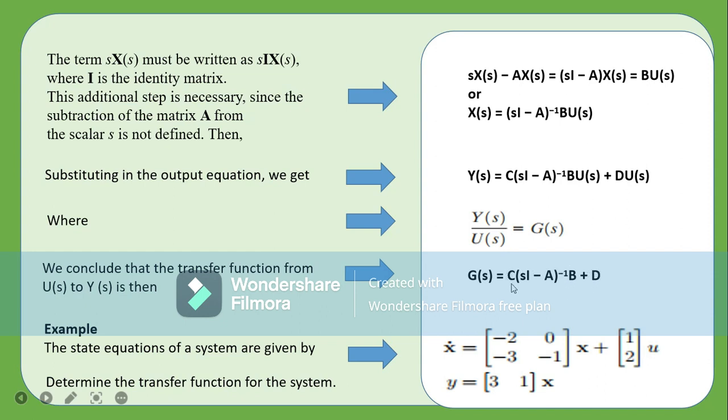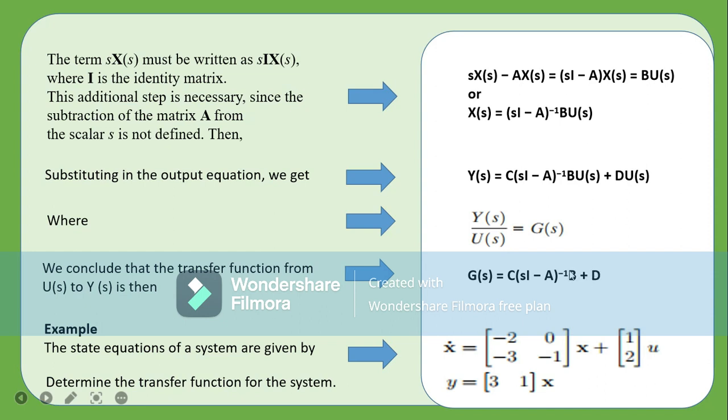So let's look at the components of the transfer function. The transfer function G of x is equal to C times xI minus A raised to power minus 1 B plus D. So you know that this is a matrix, the direct transmission matrix.